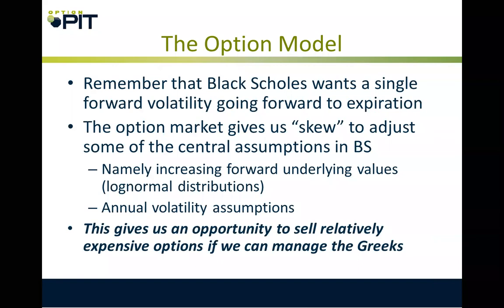So remember, what Black-Scholes wants is one forward vol to expiration. So I just drew you guys this curve, right? Like this. What is Black-Scholes? What's the curve of Black-Scholes look like on a volatility curve?